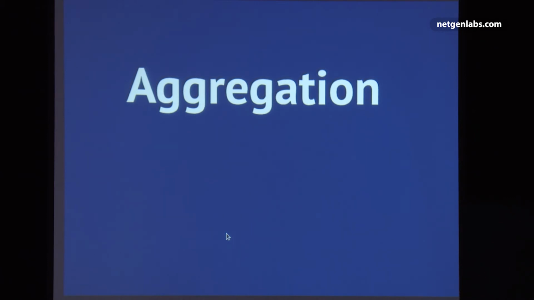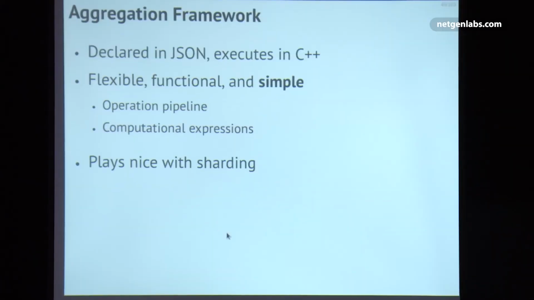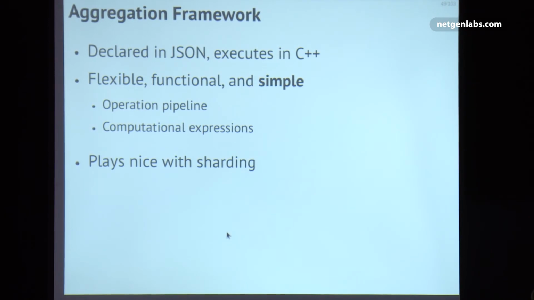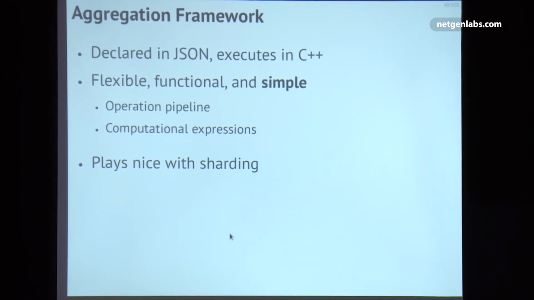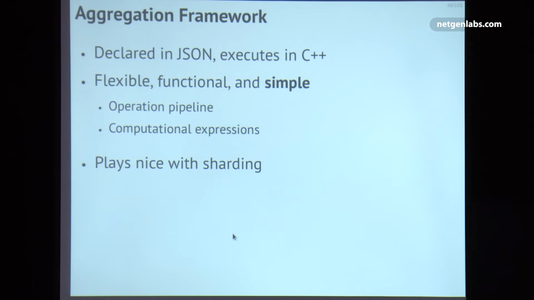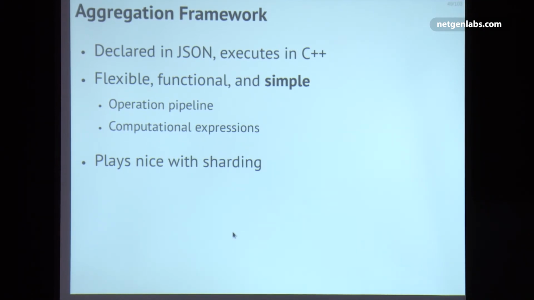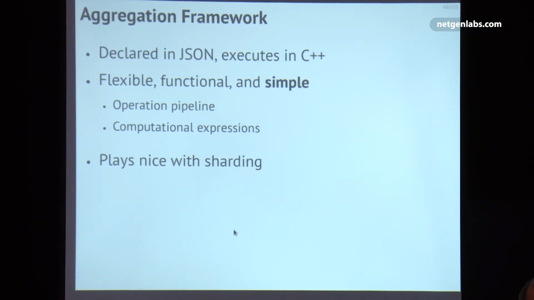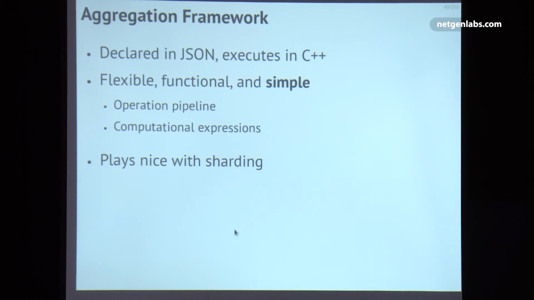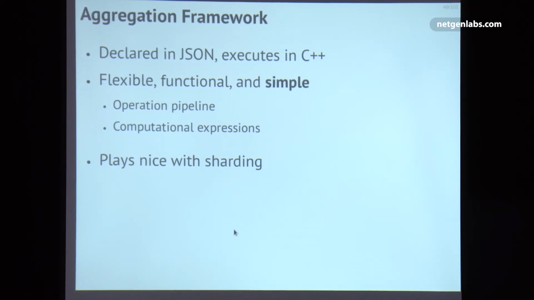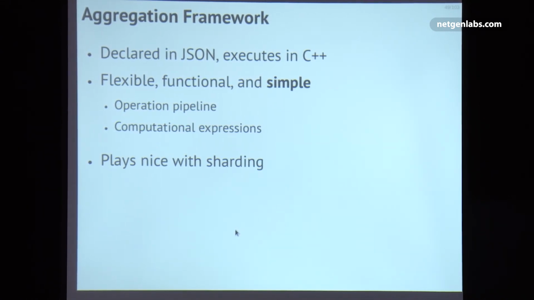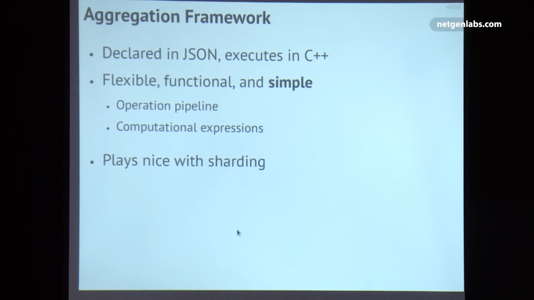Aggregation is a replacement for this, mostly because it's declared in JSON and it executes in C++. With MapReduce jobs, you have to write JavaScript code that MongoDB has to parse and execute in a JavaScript engine, being orders of magnitude slower than executing this in native C++ code. It's also very flexible, it's functional, and it's simple because it's much easier to debug than MapReduce jobs.